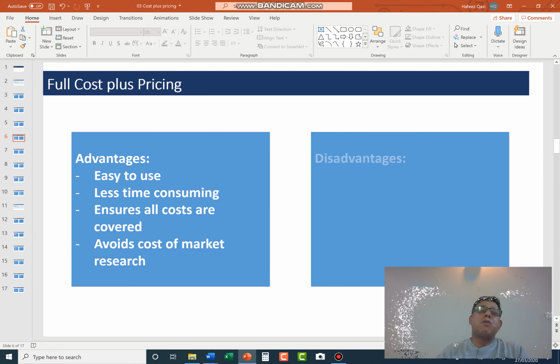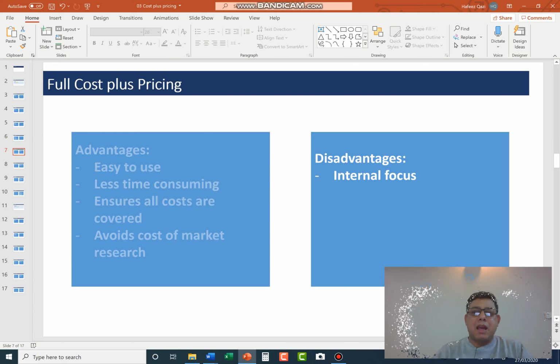Well, of course, no technique is 100% accurate, so it has its own limitations as well. So let's have a look at some of the disadvantages. Firstly, as there is no market focus in cost plus pricing, it avoids any external focus. The entire focus is internal, meaning we look at all the paperwork like the material price quotations and invoices, or the payroll sheets, or all the bills coming in the form of overheads, and from the internal information we derive a selling price.